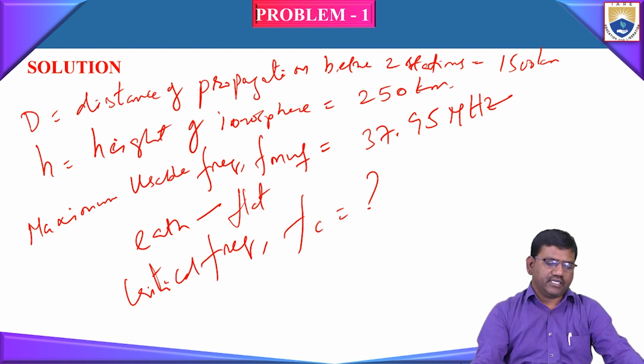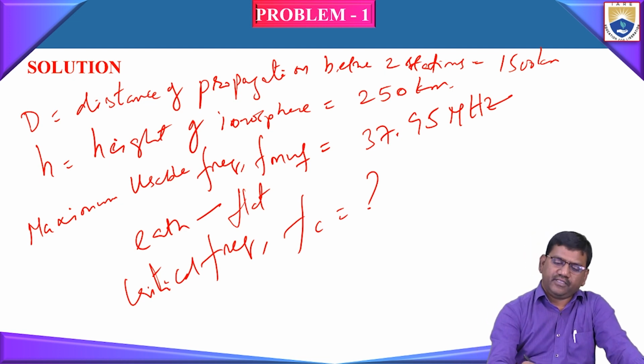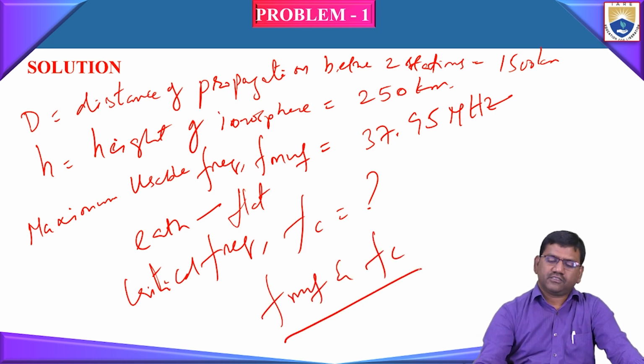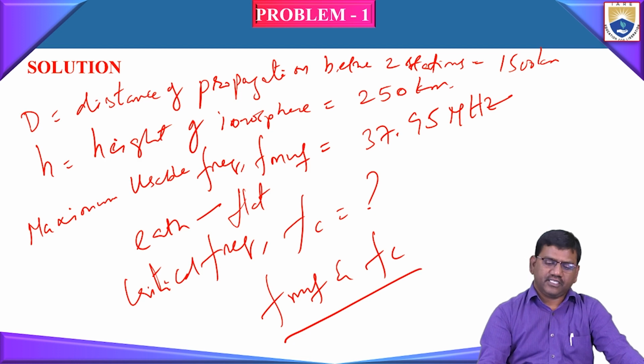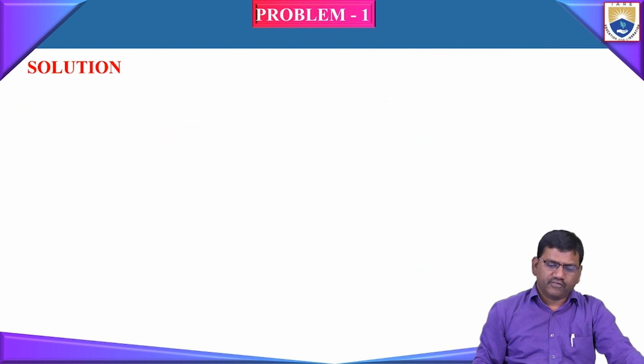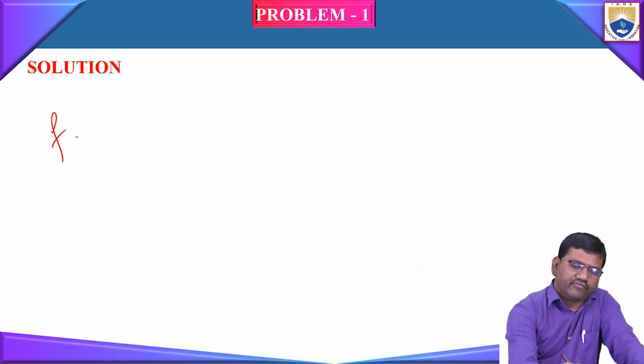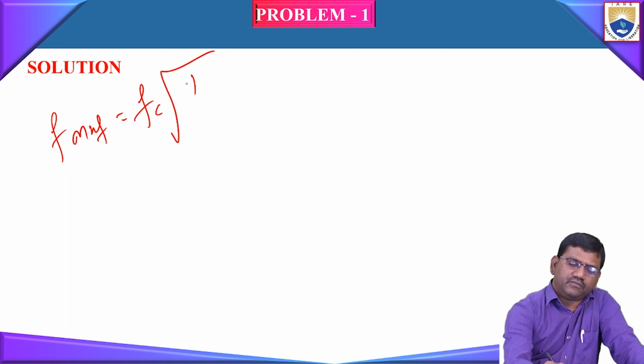Based upon this data, we have a relationship between the critical frequency and the maximum usable frequency, which is given by f MUF is equal to Fc into root of (d by 2h) whole square plus 1.